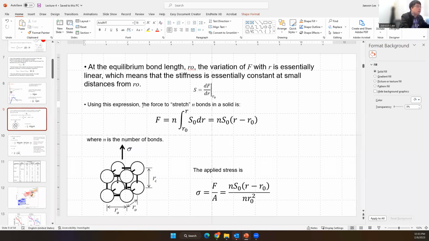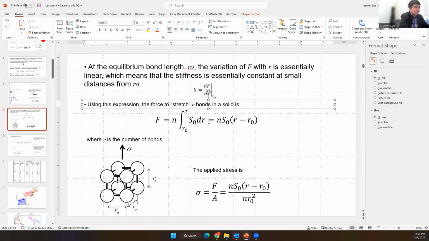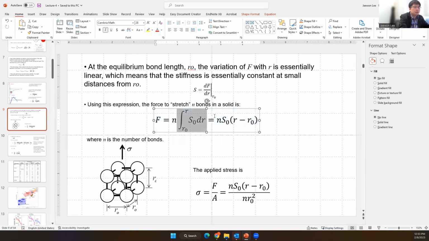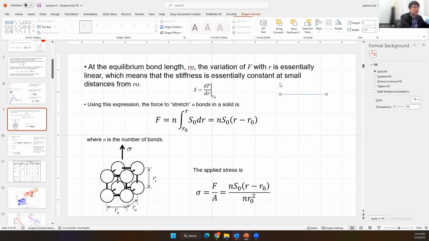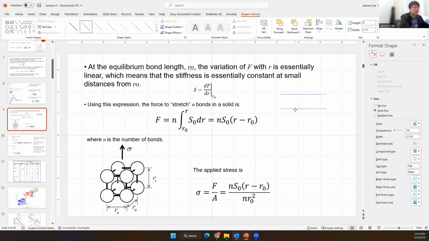And then, if we apply the force and if there are a lot of bonds, we can calculate the force by the integration of the stiffness. So initially, when I explained the stress and strain, I showed this case and this case.